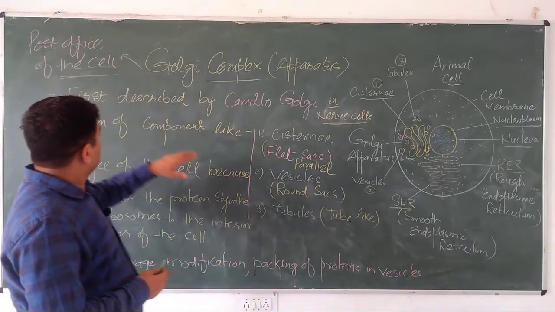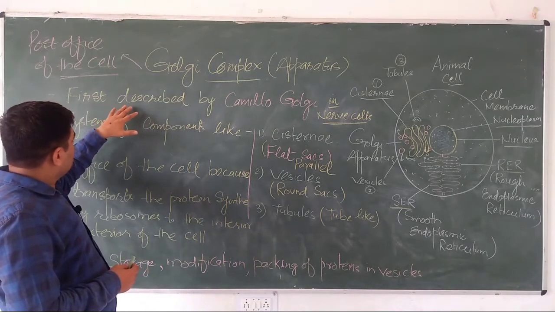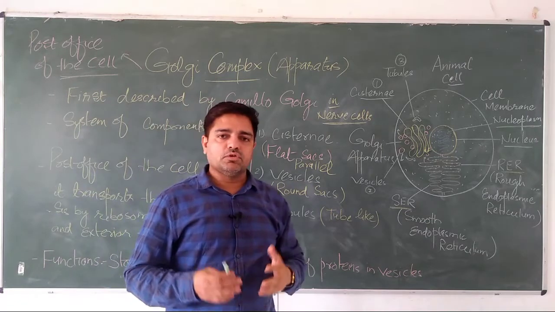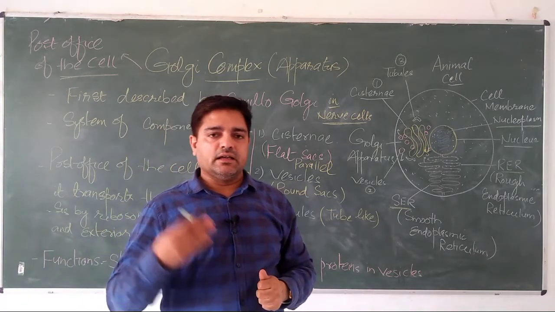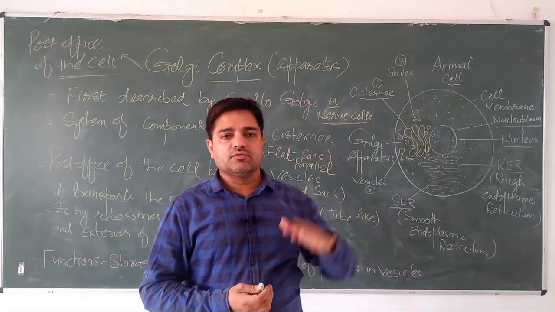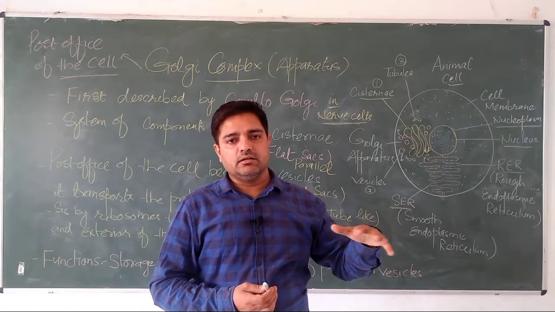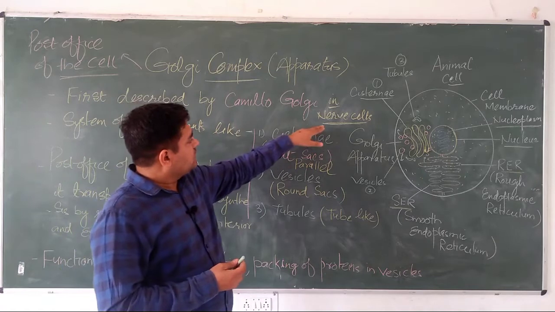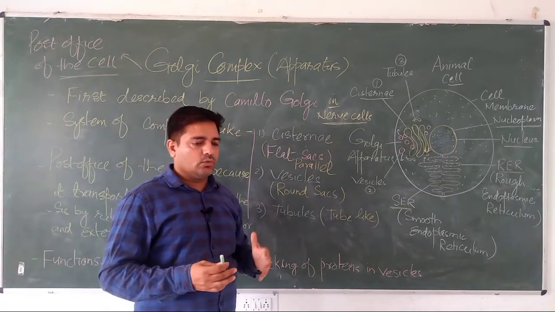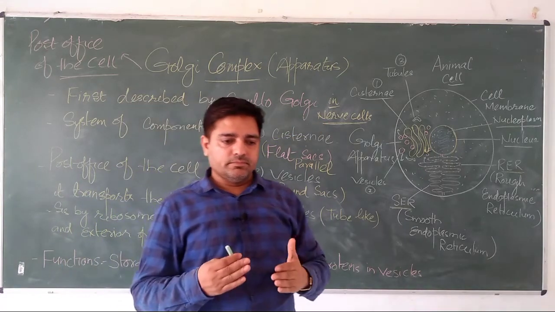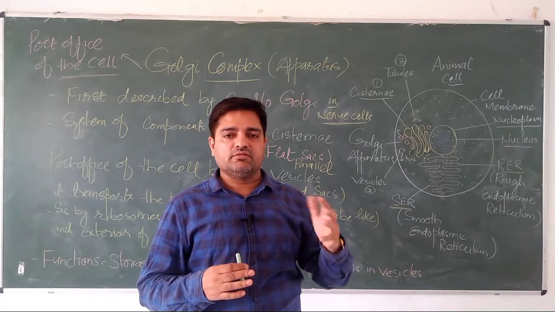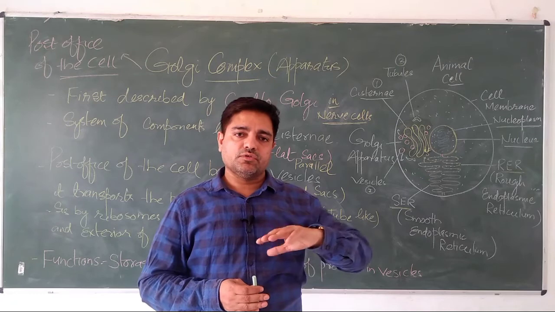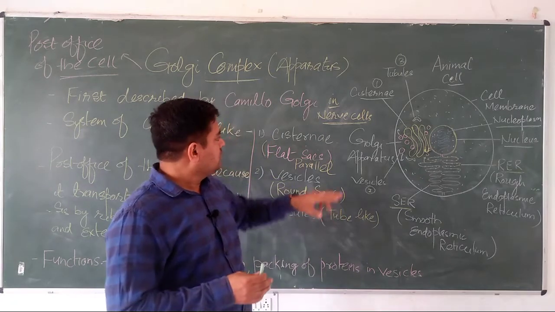Okay. Actually, it was first described by Camillo Golgi. Camillo Golgi was an Italian scientist who was working on the nerve cells in cat and brown owl. When he was working on the nerve cells, he found some kind of structure which was not known at the time.